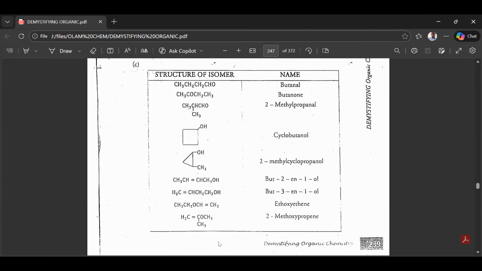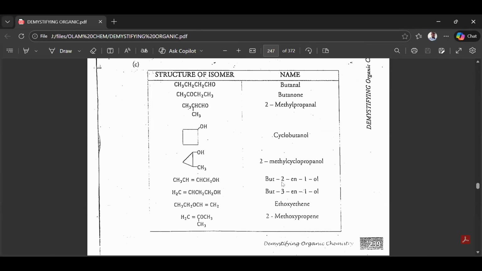So then you can have enols. These ones which you are seeing down here are called enols. They are compounds which have a hydroxyl group together with a double bond. They are alcohols, but with a double bond. So alcohols which have a double bond are called enols.